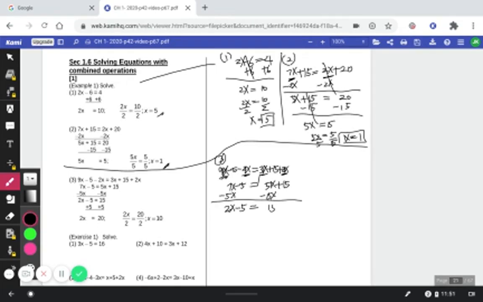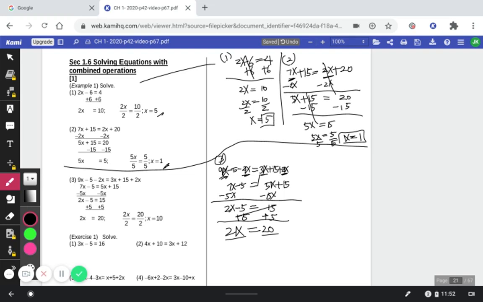Now add 5 to both sides to make x alone. Now you end up with 2x equals 20. And divide both sides by 2. Then you end up with x equals 10.